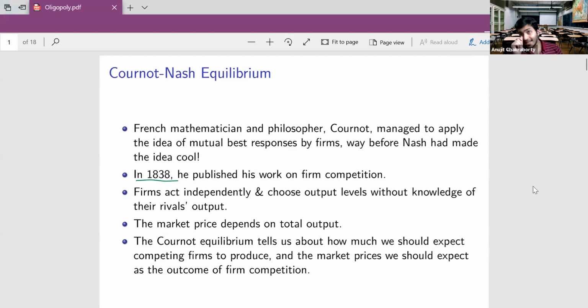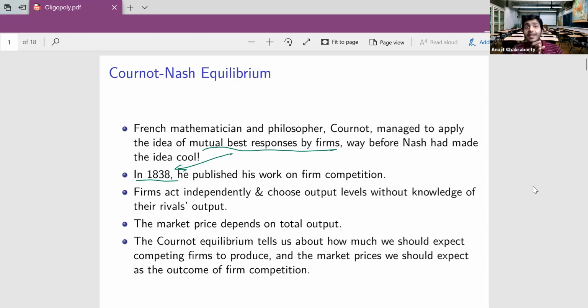The interesting idea is he came up with the idea that if you want to model firm competition, you might want to settle on an idea of equilibrium where all the firms are best responding to each other. So he was already talking about mutual best responses in 1838, which is super interesting because Nash is writing his thesis around the 1940s, 1950s. So this is more than 100 years ago.